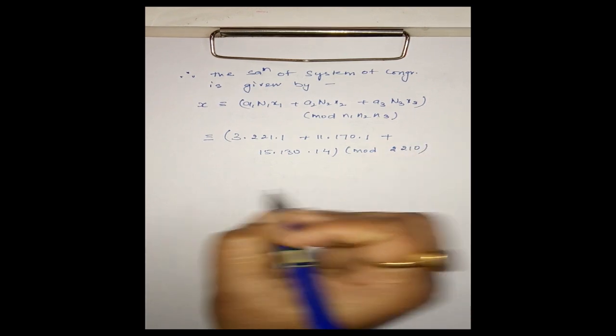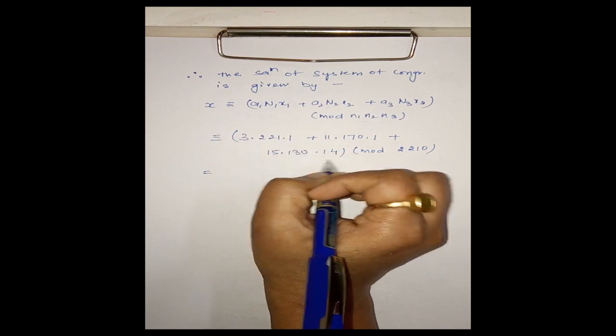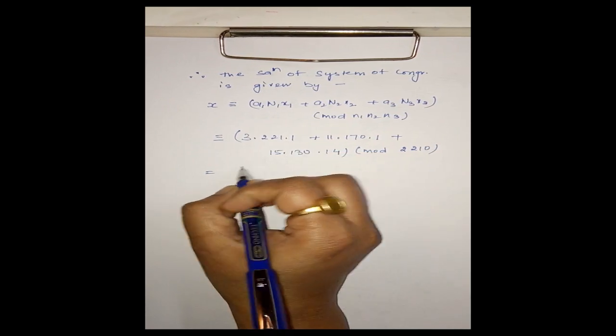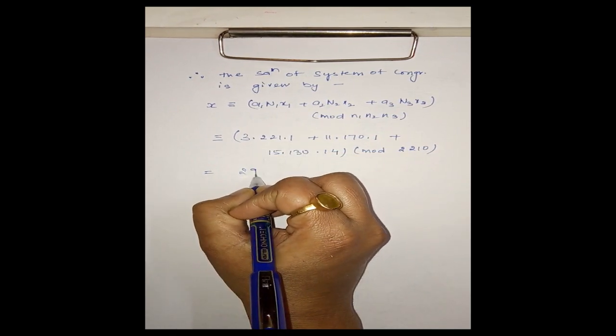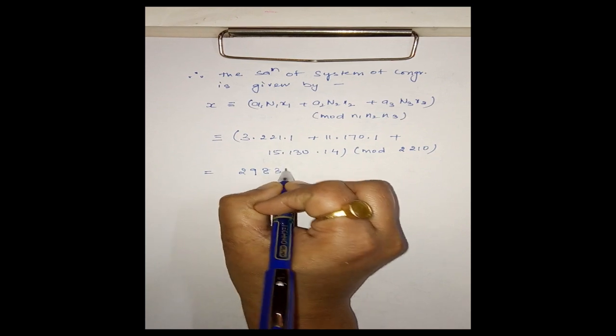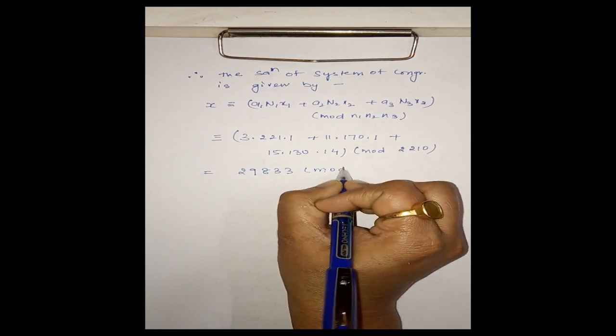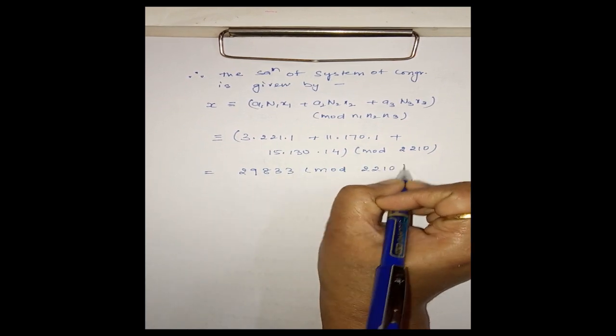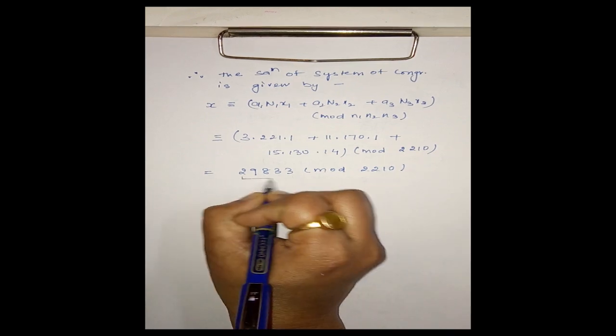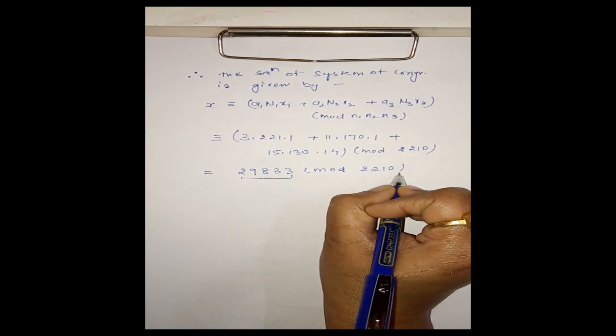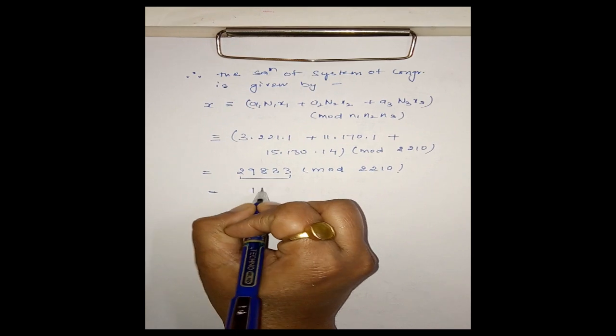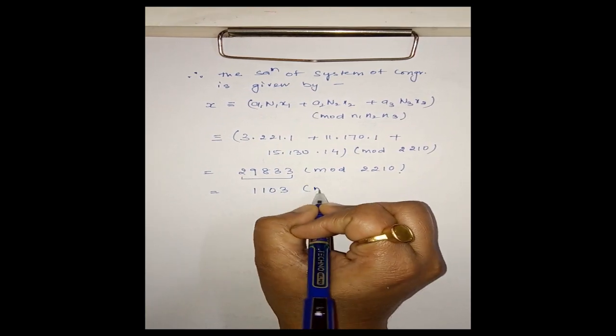On solving this, we get 29833 modulo 2210. Now, on dividing this number by this, remainder is 1103.